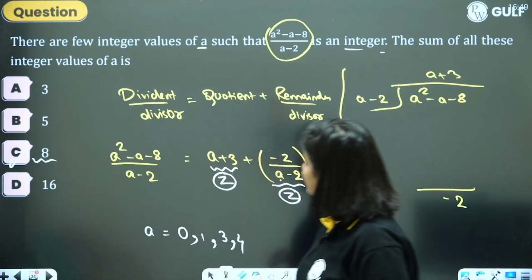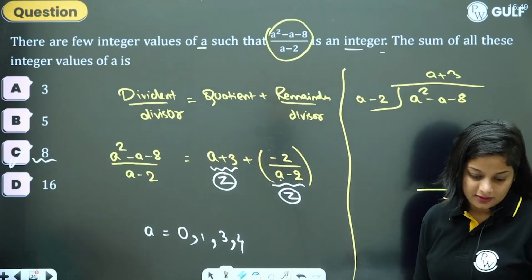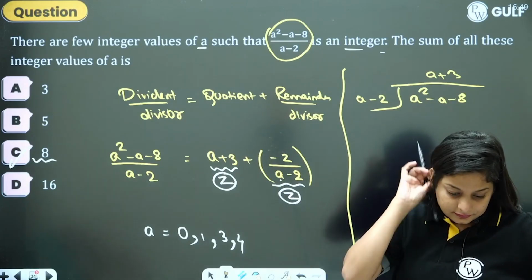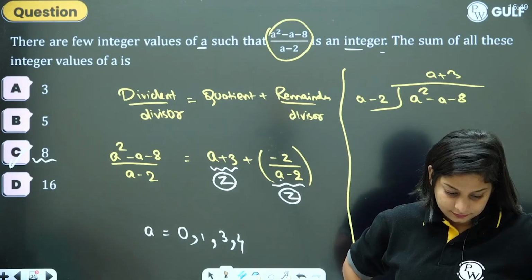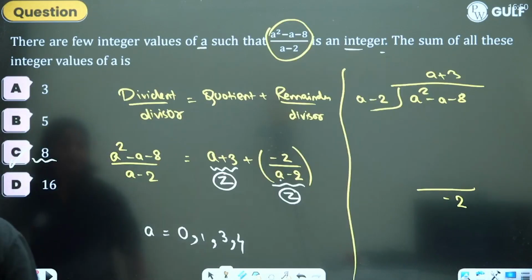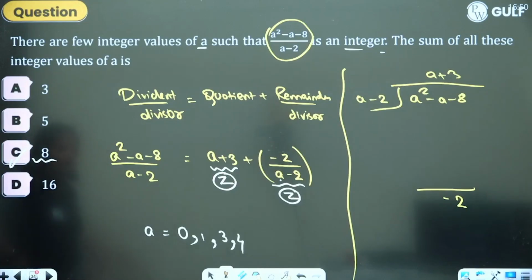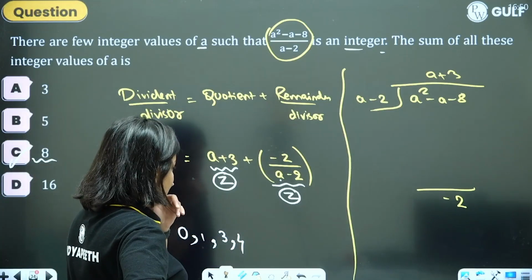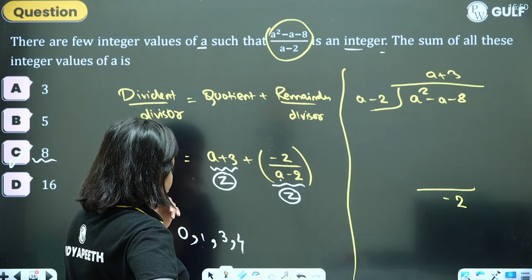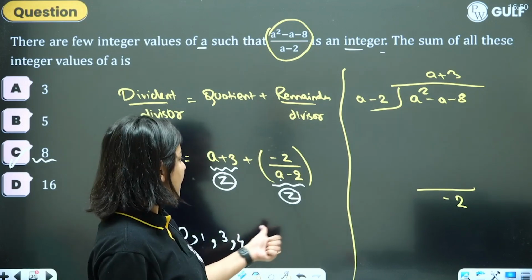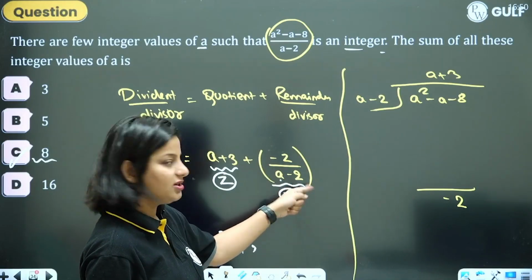Oh, they've given 16. How come it's 16? No, it should be 8, yeah. The sum of all these integer values of A. Acha. We can take negative values also, right? Can we take, just think, minus 1, minus 2, minus 3.